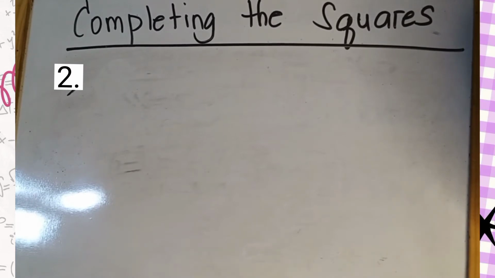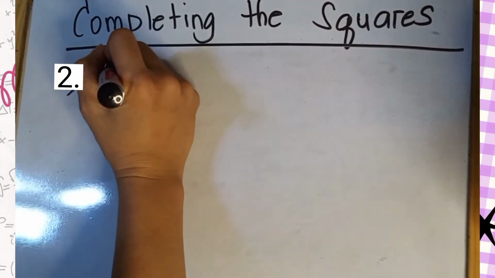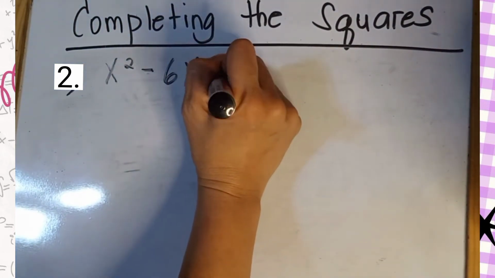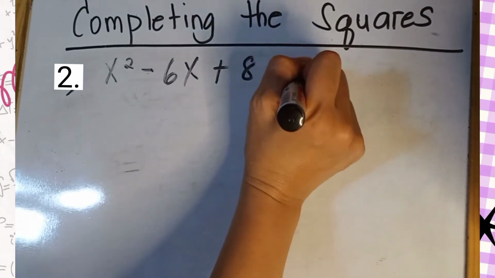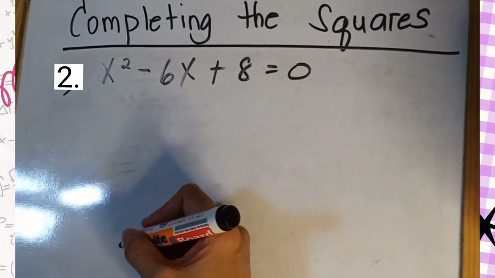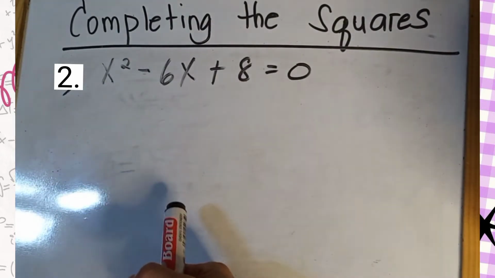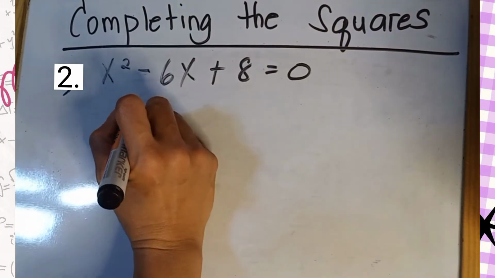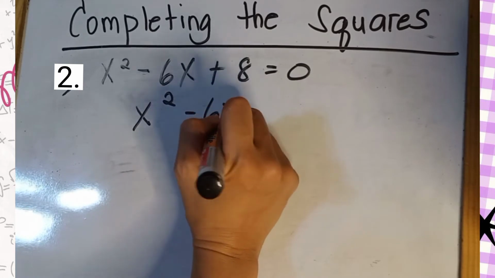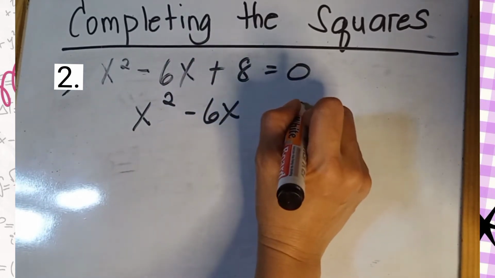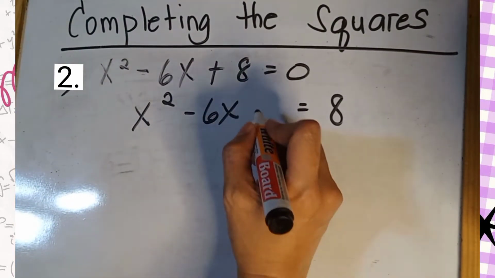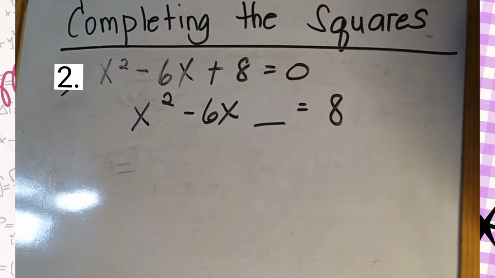Okay, so let's have another example. Let's say we have x squared minus 6x plus 8 is equal to 0. Okay, sabi natin, ang ating first step is to separate the x term dun sa constant. So we will now rewrite our equation as x squared minus 6x is equal to 8. Then we are going to find what is our missing term.